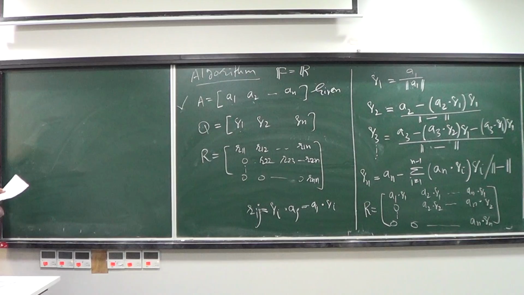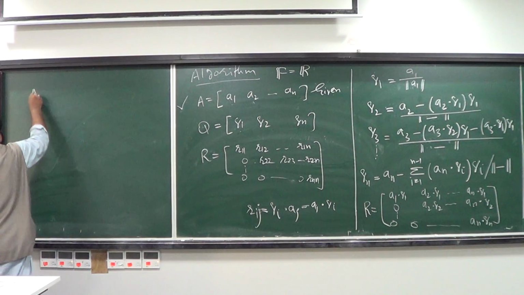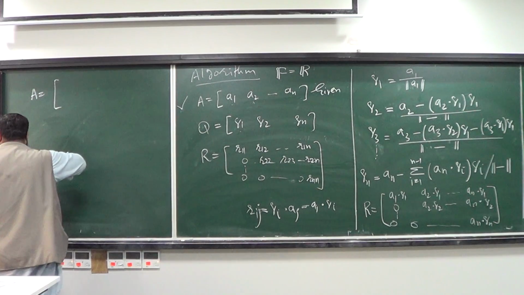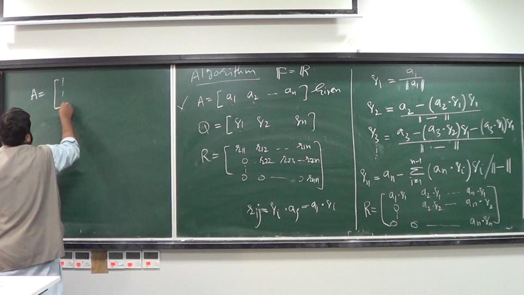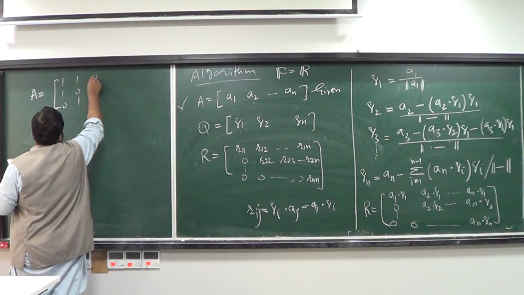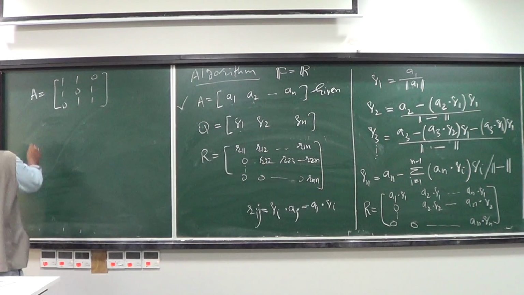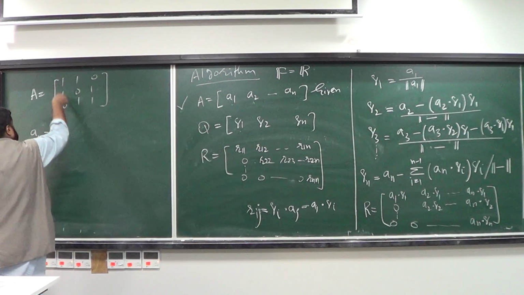So here's one example. Take a matrix A. You can have any matrix. So 1, 1, 0. Say you have 1, 0, 1, and 0, 1, 1. Now A1 is going to be the first column.